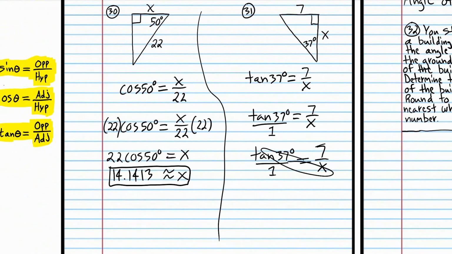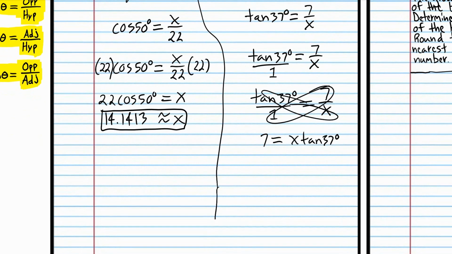So now we're going to cross multiply, and we get 7 is equal to x times tangent 37 degrees. And we still need to isolate x. Remember, this is the tricky problem, so we're going to rewrite, and we're going to get rid of that tangent 37 so x is by itself.